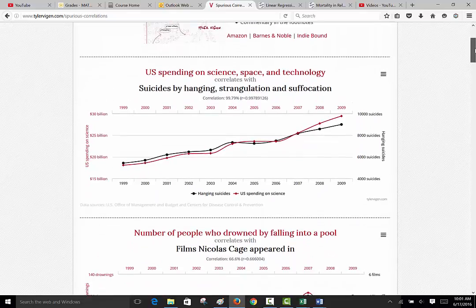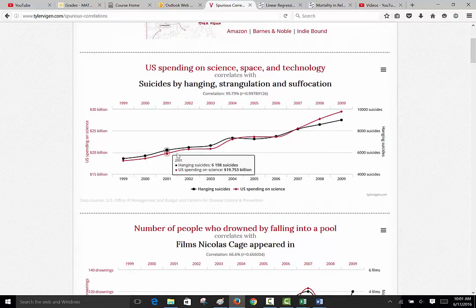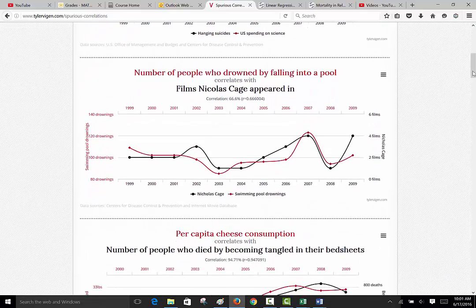So they have these graphs, and you can see that the trends seem about the same. This one is kind of a morbid one, but then there are some funnier ones. Number of people who drowned by falling into a pool, and films Nicolas Cage appeared in, and you can see a similar pattern to the graphs.